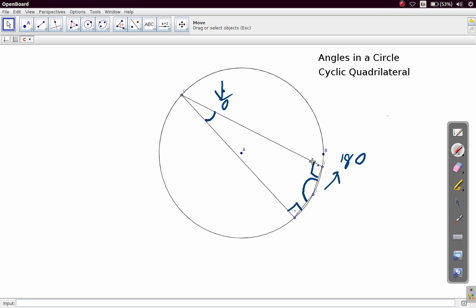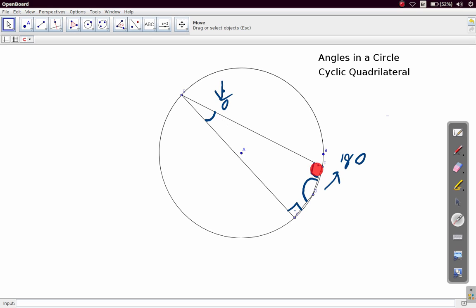So it seems to be working. They are indeed supplementary. They will add up to 180 degrees, right? So as I move these points closer and closer, this angle heads towards 0 while this angle heads towards 180, because I'm trying to get a straight line here, and 0 plus 180 is 180.